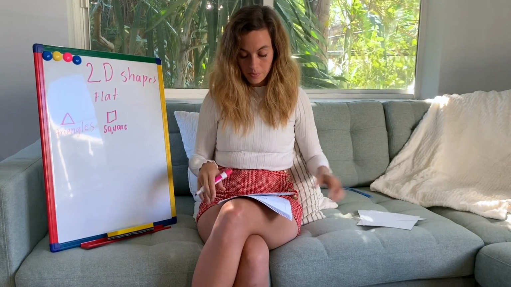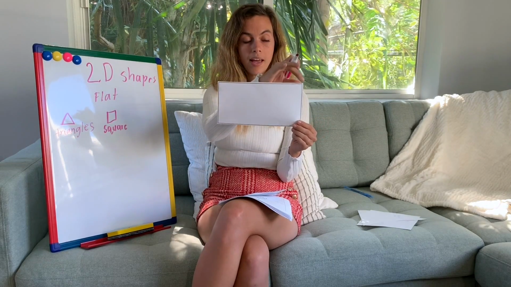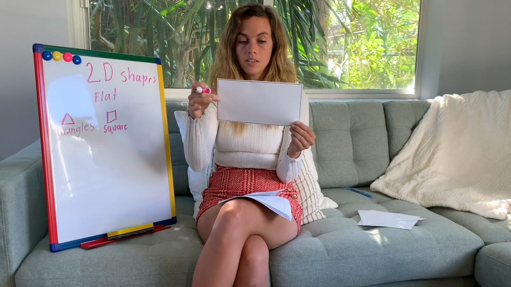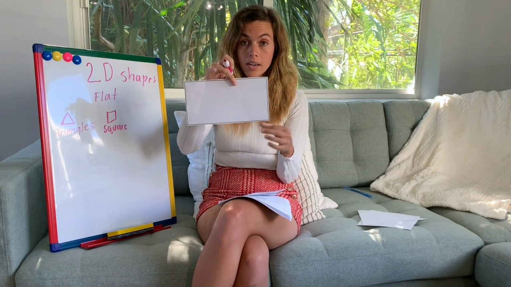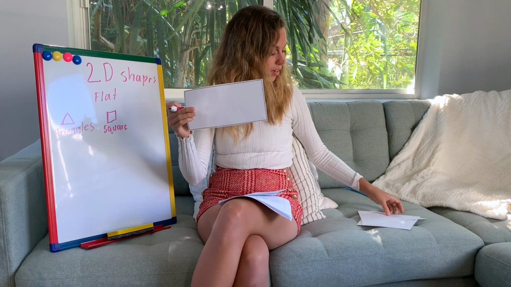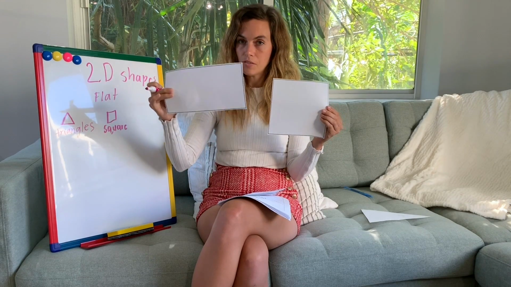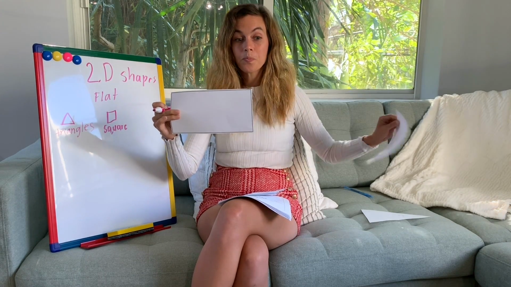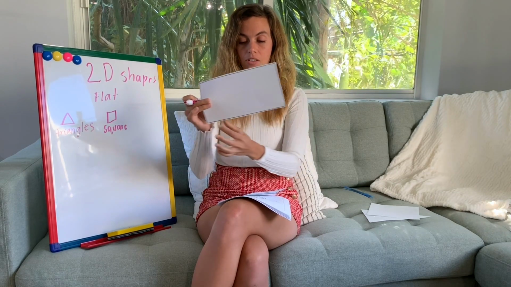Very good. Okay, so this shape also has 1, 2, 3, 4 sides. But what do you notice about this shape compared to this shape? They both have 4 sides, but what's the difference with this shape? Yeah, 2 of the sides are longer.